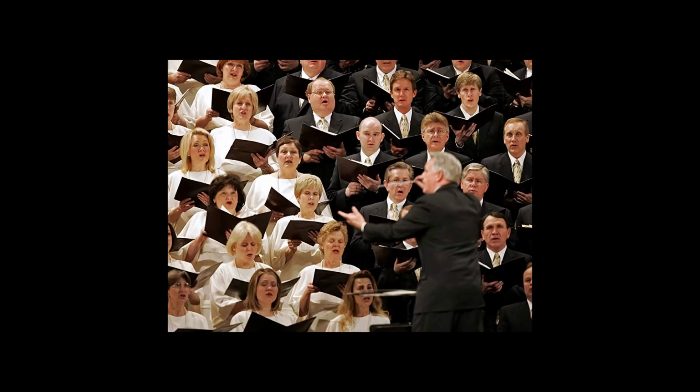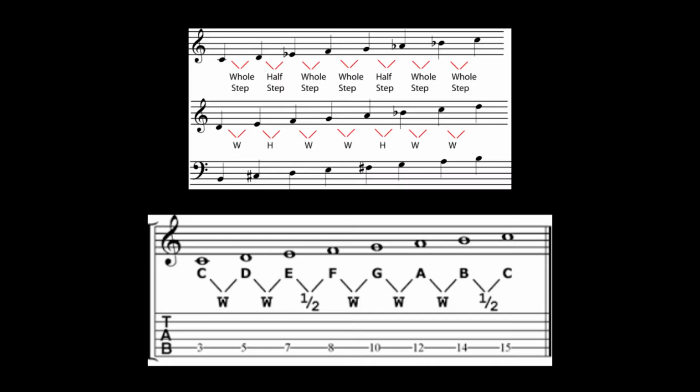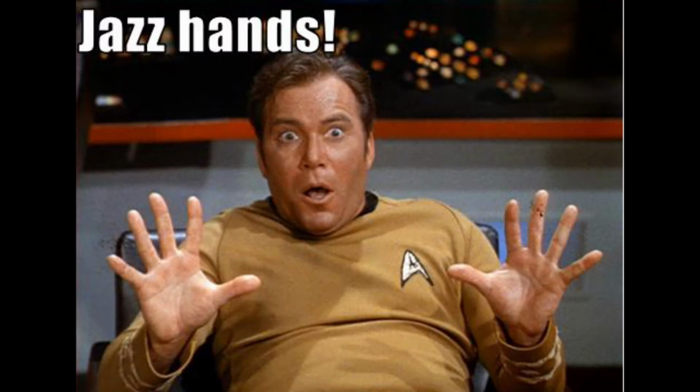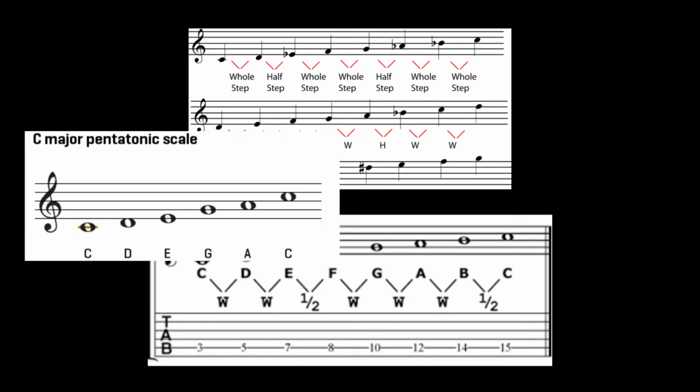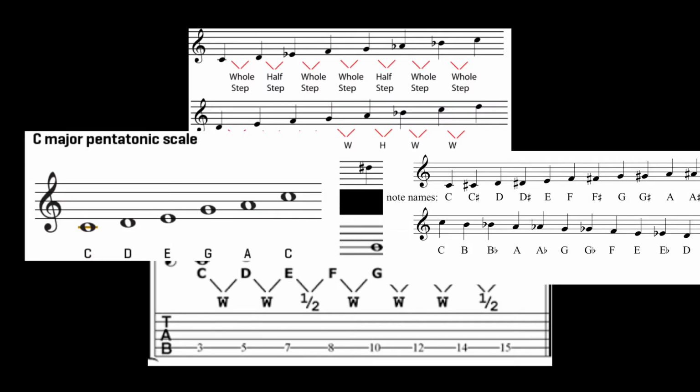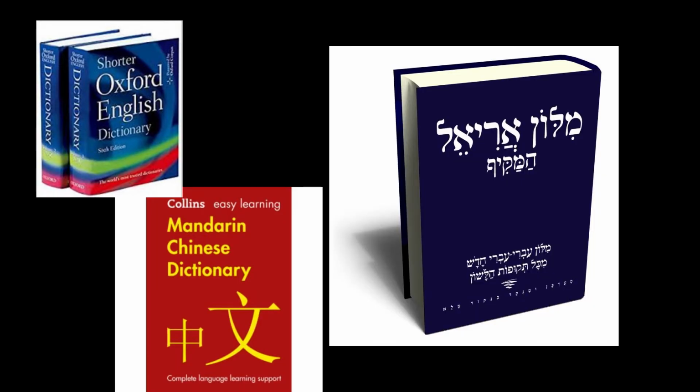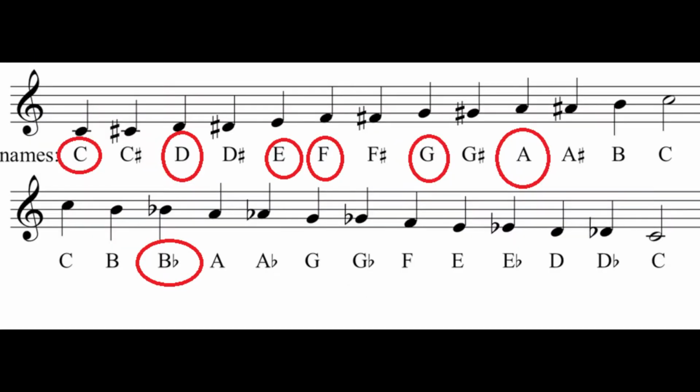But in classical music you're not going to use the pentatonic, you're going to use either the minor or the major. And in jazz you're going to use the minor, major, pentatonic and chromatic scale. So for each musical style, you're going to use a different bunch of scales, the same way that for every language, you're going to use a different dictionary. So that's one thing, the notes that you choose.